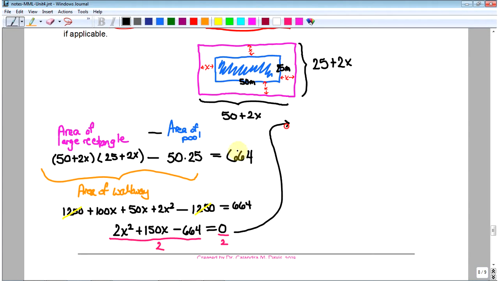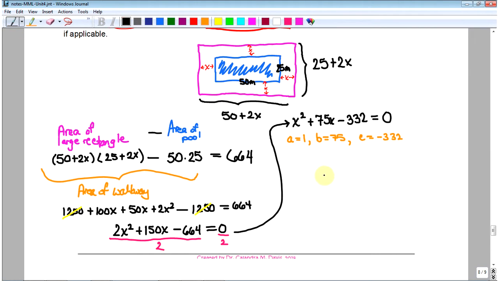So remember, that means you need to multiply or divide every single term on the left side by 2, and that will give us x squared plus 75x minus 332 equals 0 divided by 2, which is just 0. So now to use our quadratic formula, identify your a, b, and c. a is 1, b is 75, and c is negative 332.